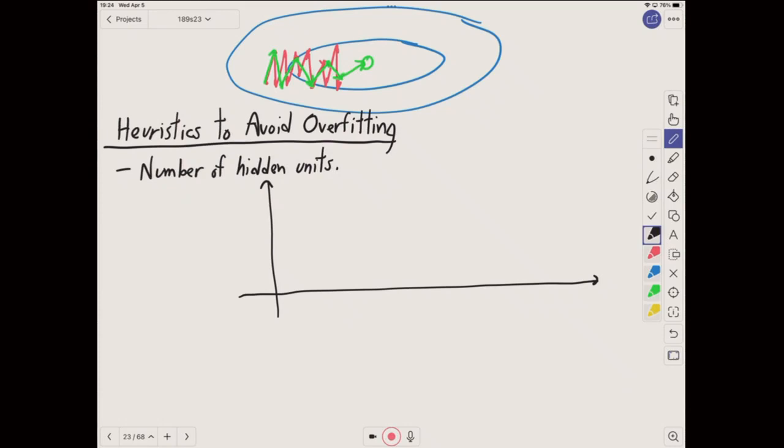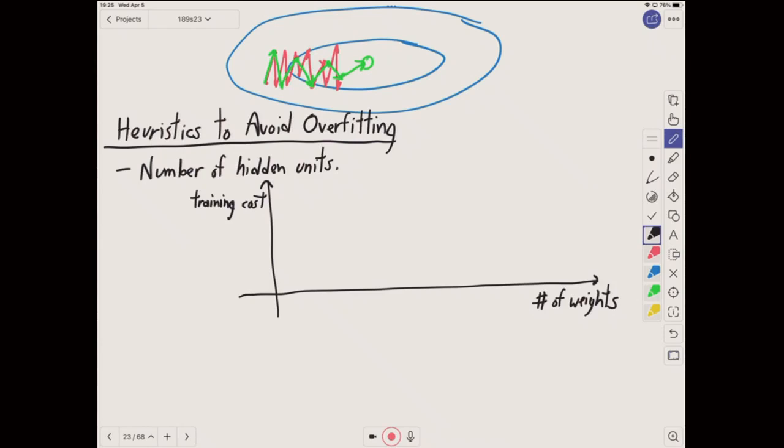Suppose the x-axis here is the number of weights, or perhaps the number of weights per hidden layer, so how many units you have in a layer. And the y-axis is, say, the training risk, or the training cost function.